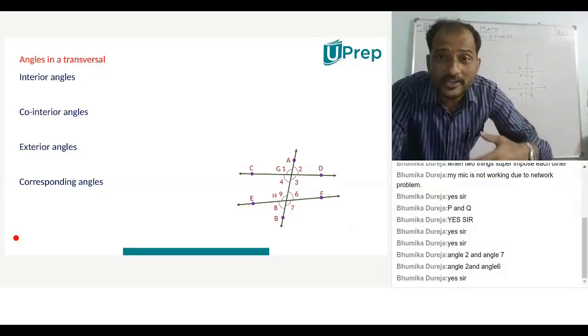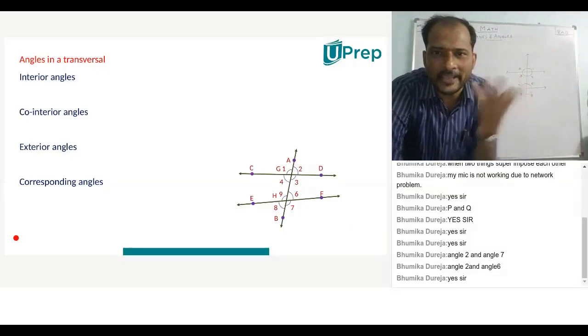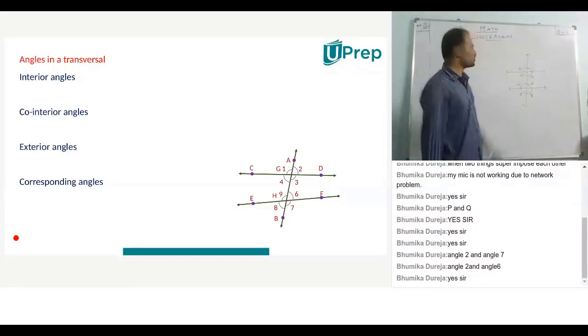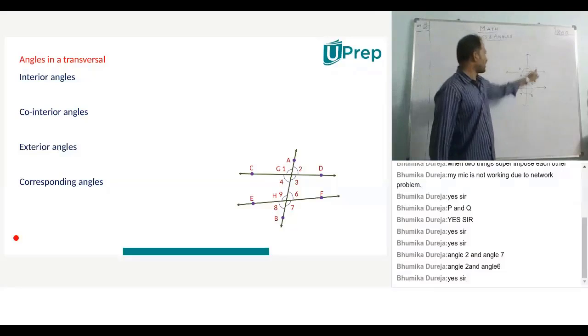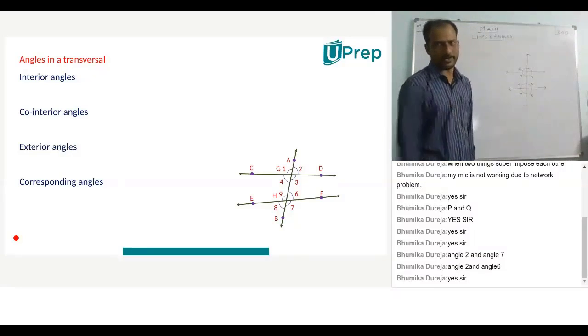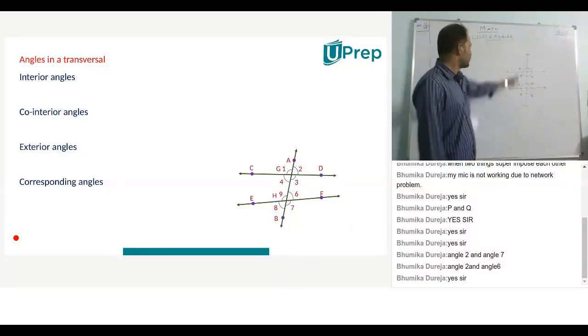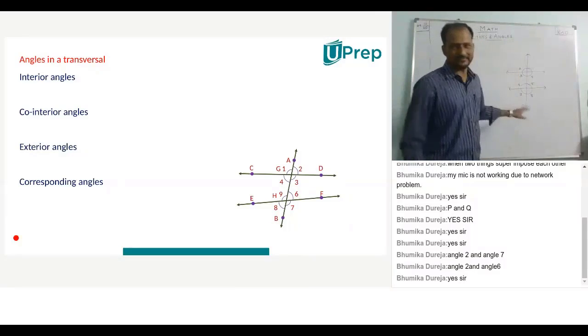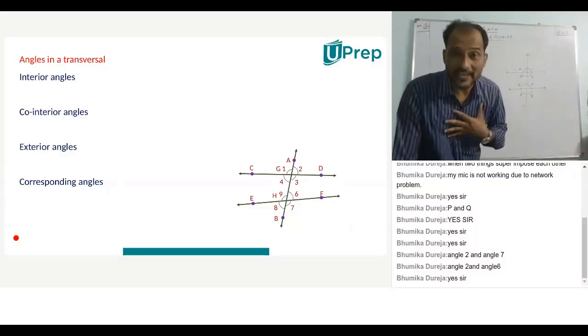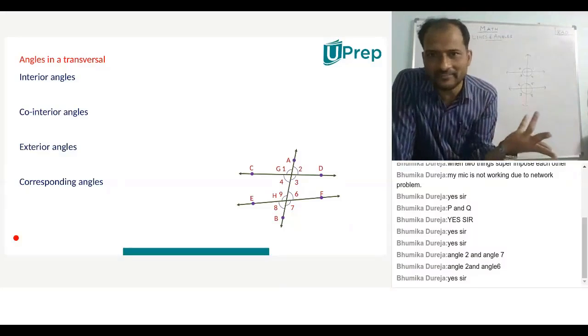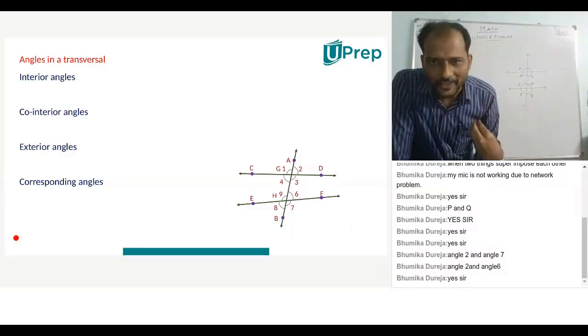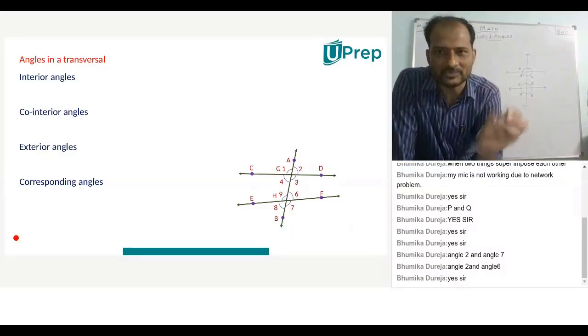What is corresponding angle? Generally, by looking into the figure, everyone will say 1, 5 are corresponding angles, 4, 8 are corresponding angles, 2, 6, 3, 7 are corresponding angles. If I ask define, they will not say. Okay, let us define corresponding angles.